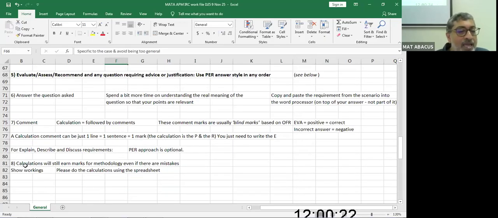And we saw it: any calculations you must do will still earn marks for methodology. If there are mistakes, show workings. Please do the calculations in the spreadsheet, especially for that ABC question that came out recently. There were a good level of marks for the calculations. And even when you were doing it wrong, the markers were willing to give quite a number of marks.